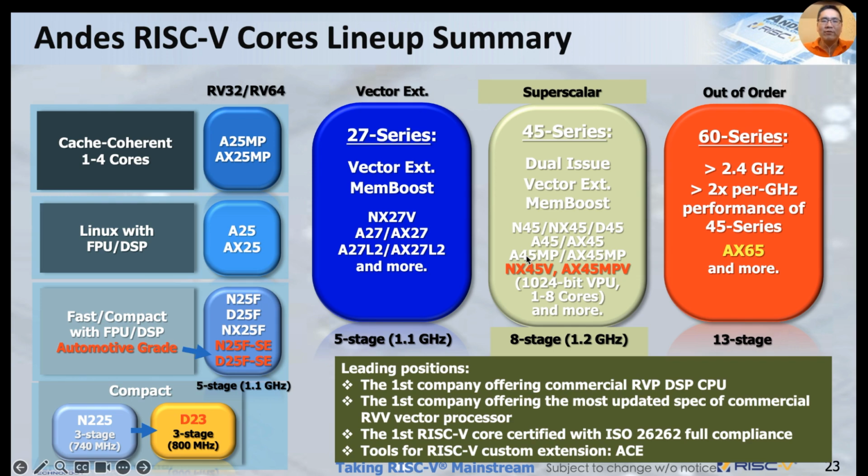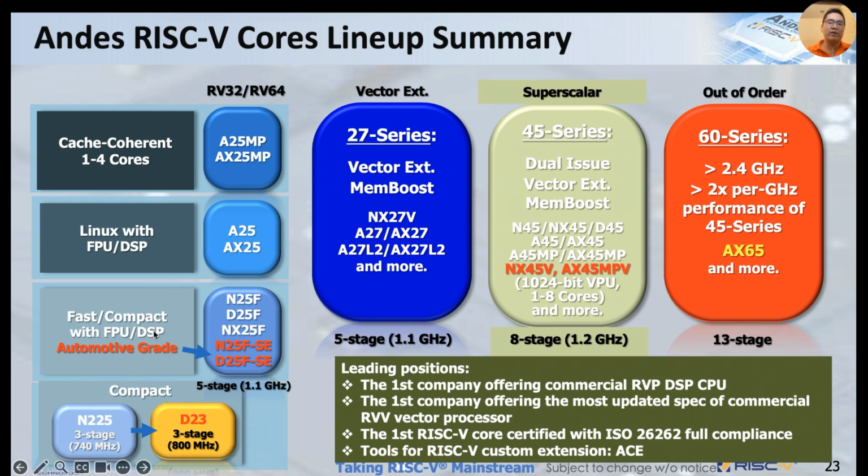So we have looked at all the cores from NDS, and this is a different way of presenting them. Basically, we have different series, the 25 series, the 27 series, the 45 series, and the 60 series with different microarchitectures and different performance points.